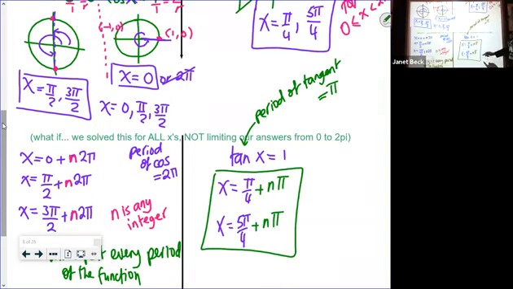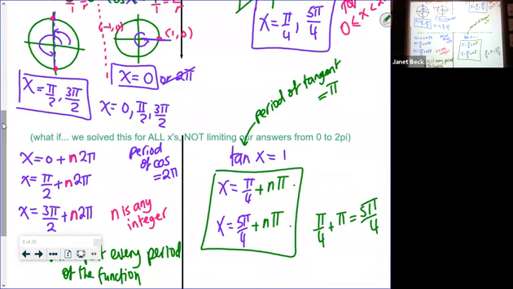One thing to note, it's not really a big deal. If you write that as your answer, you're fine. I just happen to notice when I look at that, if you got pi by 4 and you added on 1 pi, that would actually give you 5 pi by 4. So this answer here is kind of really the same as that answer there, but it's not a big deal.